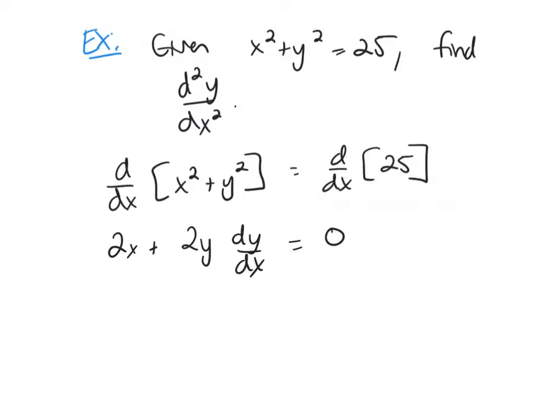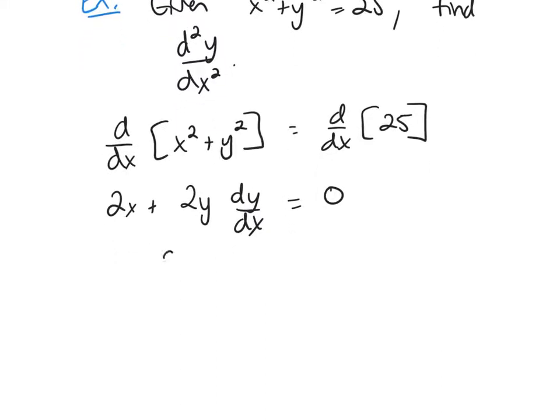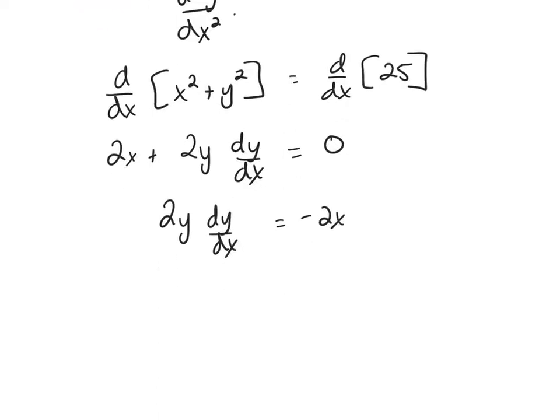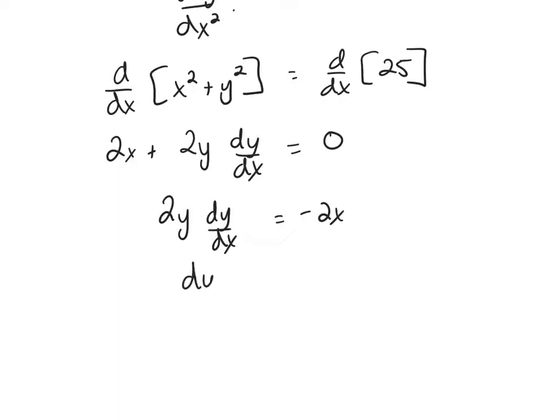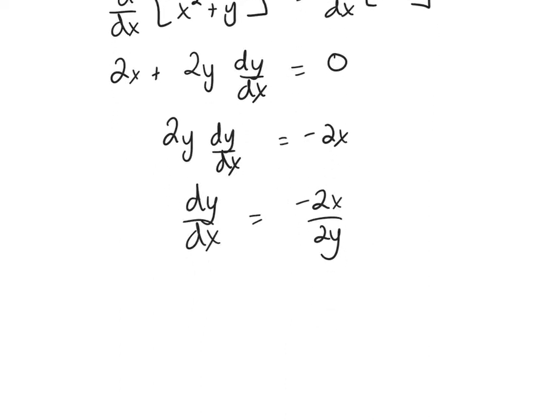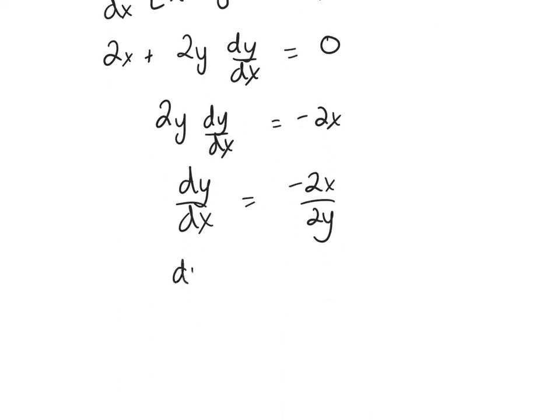And you're going to solve for dy/dx. So isolate it. 2y dy/dx equals negative 2x. Divide by 2y. And if we simplify that, dy/dx will be negative x over y.